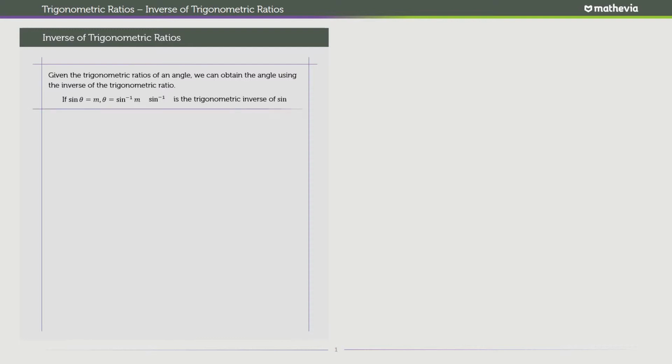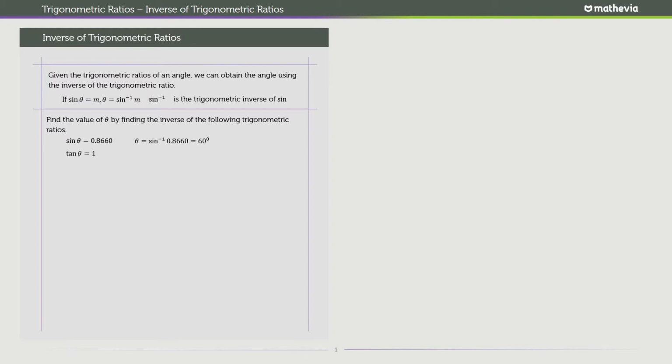Find the value of theta by finding the inverse of the following trigonometric ratios. We have sine theta equals 0.8660, and tan theta equals 1. If you go on your calculator and look right above the sine, cos, and tan buttons, you would find the sine inverse, the cos inverse, and the tan inverse.